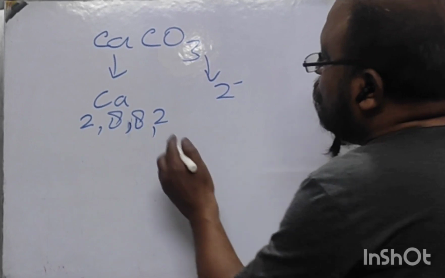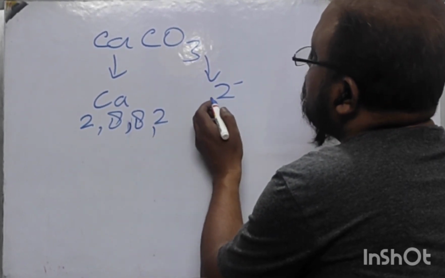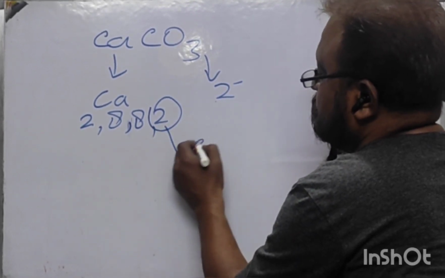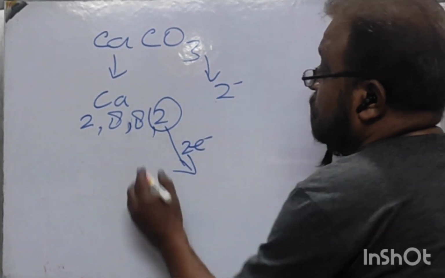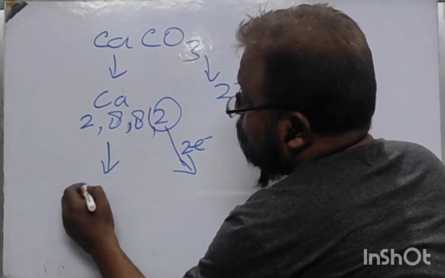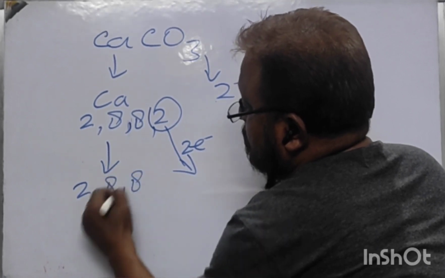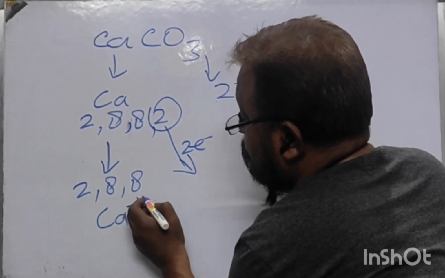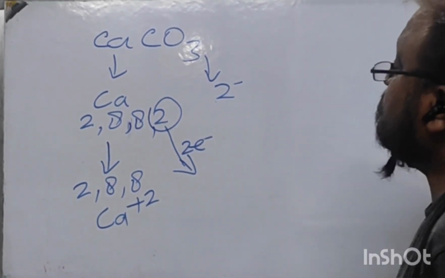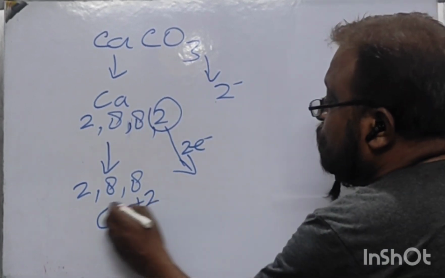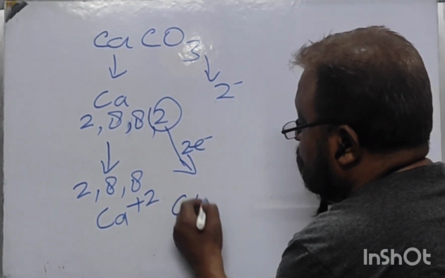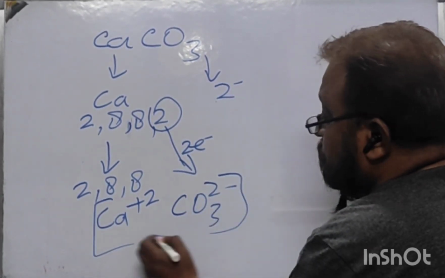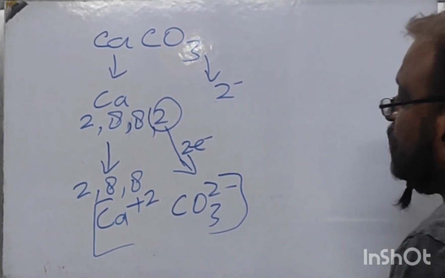So when calcium loses two electrons, it becomes 2, 8, 8, right? It becomes calcium ion. It lost 2 units of charge, so it gets 2 units of positive charge, and carbonate is having 2 units of negative charge. So they combine together and form ionic calcium carbonate.